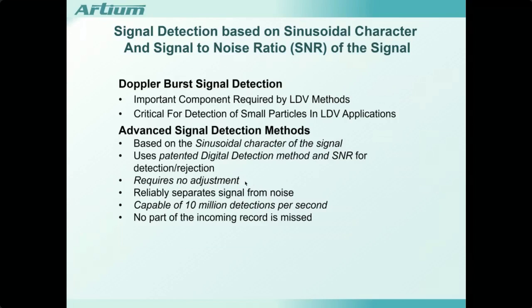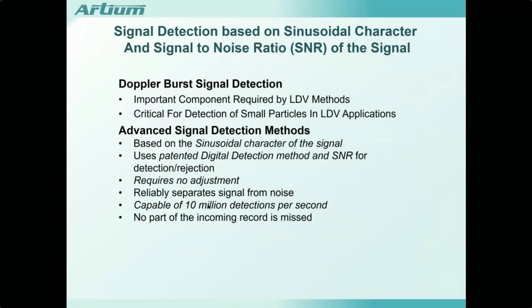So now adjusting the threshold is history. People don't have to go through or endure that frustration anymore. And the strength of the method, and we've tested it on simulated signals and real signals, is it reliably separates signal from the noise.